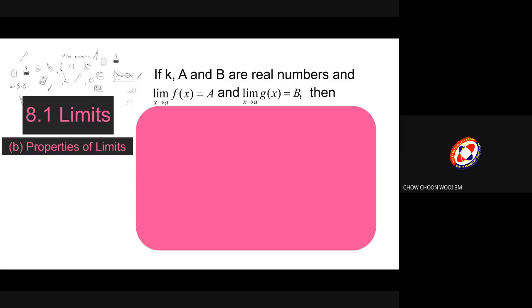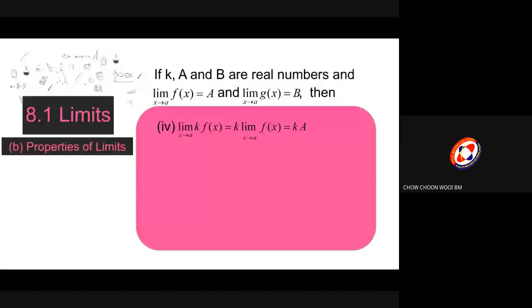Okay, the properties of limit. If k, a and b are real numbers, and the limit of f(x) is equal to a, and the limit of g(x) is equal to b, then the limit of k f(x) as x approaches a is equal to k times the limit of f(x).